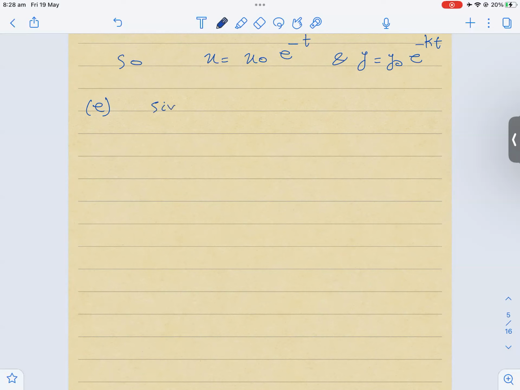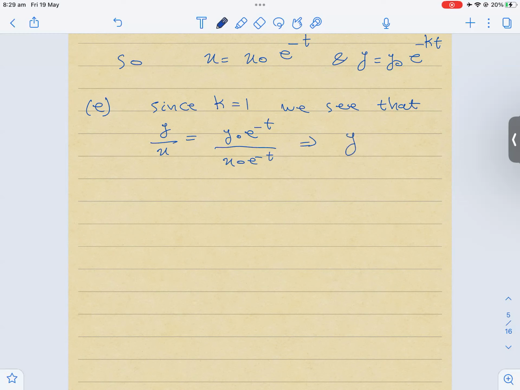Since k is equal to 1, we see that y over x is equal to y0 e to the minus t over x0 e to the minus t.